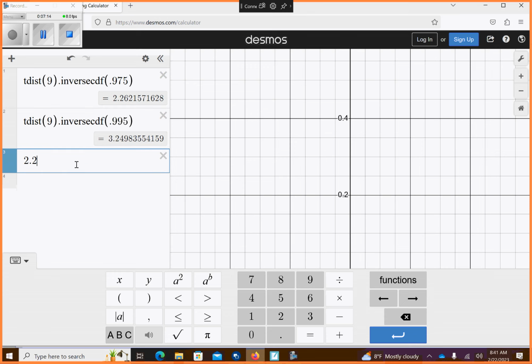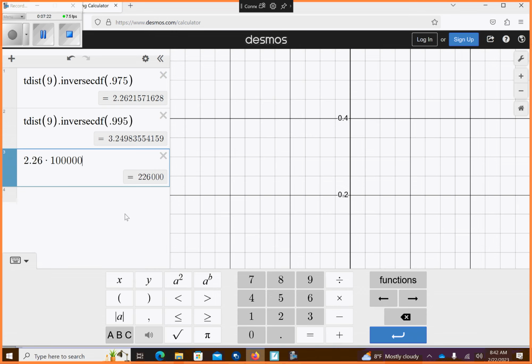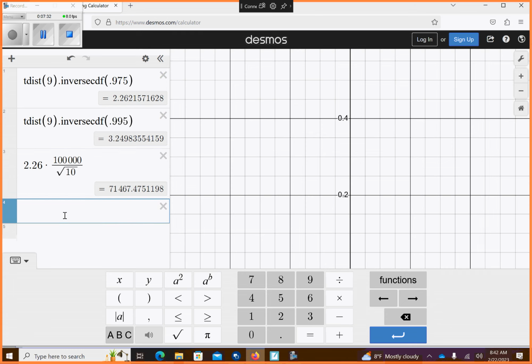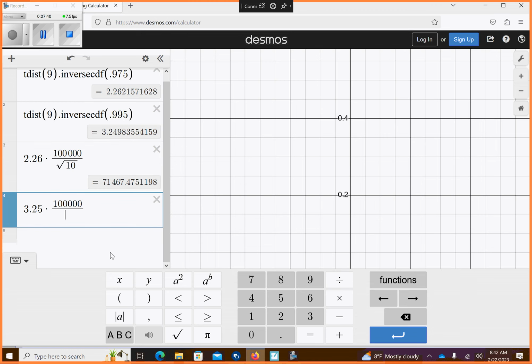So I'm going to go 2.26 times 100,000 divided by square root of 10. And then I'm going to go 3.25 times 100,000 divided by square root of 10.